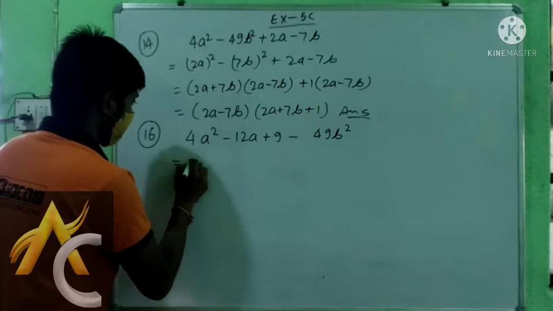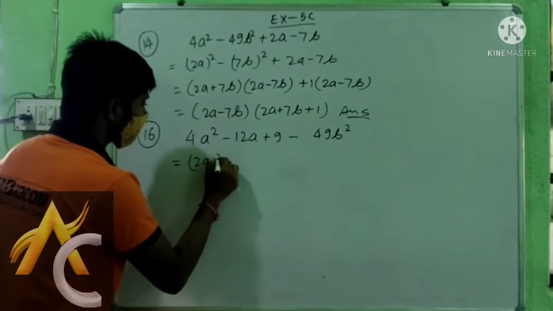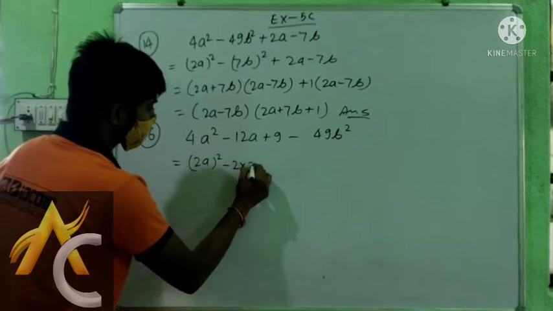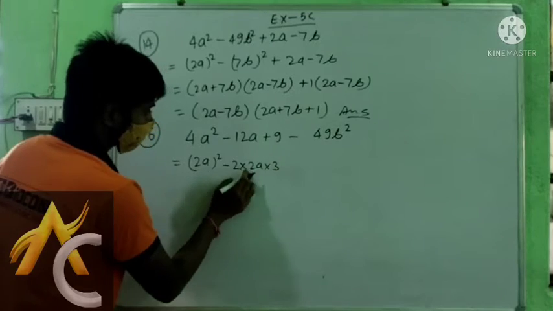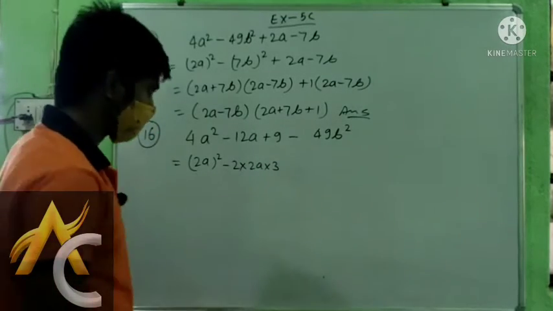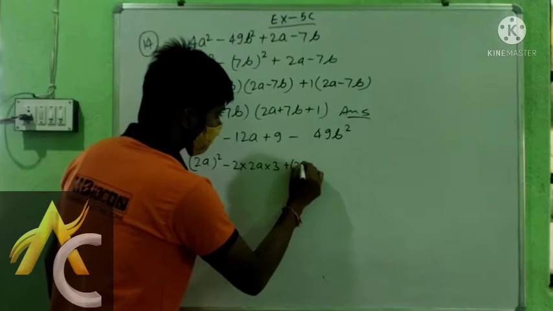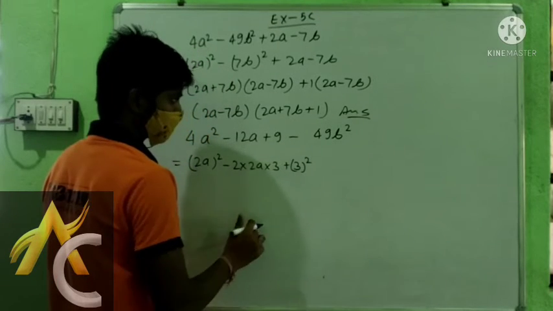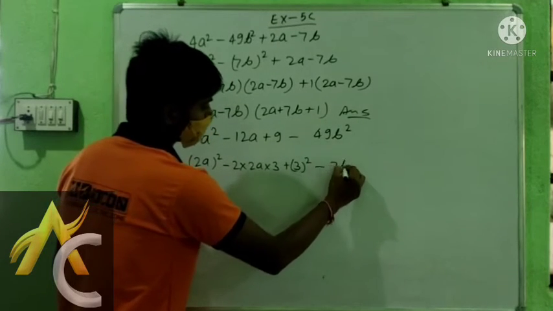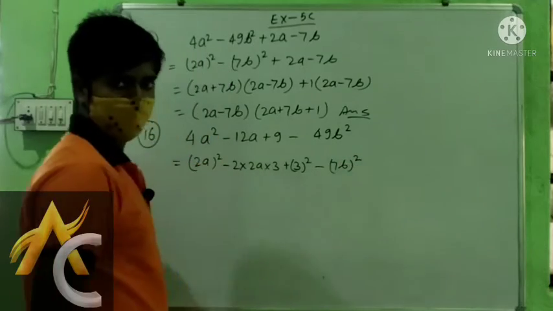Just look here. It will be 2a whole square minus 2 into 2a into 3. 2 2 is a 4, 4 3 is a 12, then it will be 12a plus 3 square will be equal to 9. And then minus 7b whole square, right?